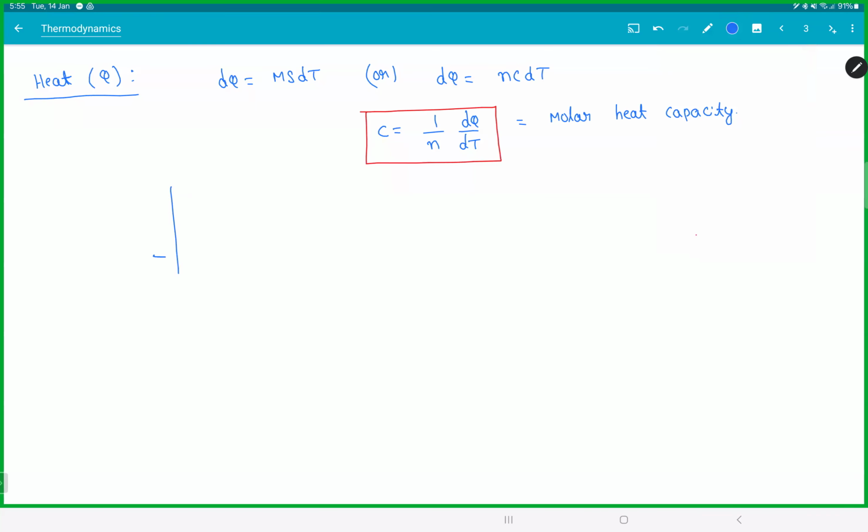Now, if you try to go from one state to another state on a P-V diagram, you can go by process one, process two, or process three. Depending on the process, the heats will be different. So delta Q1, delta Q2, and delta Q3 are not equal.